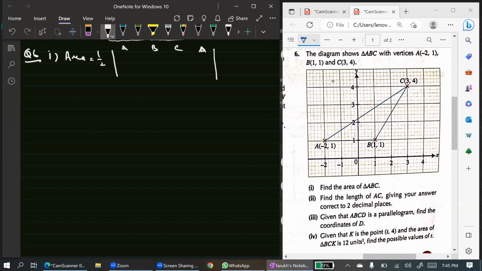A is... now we will use the shoelace formula.